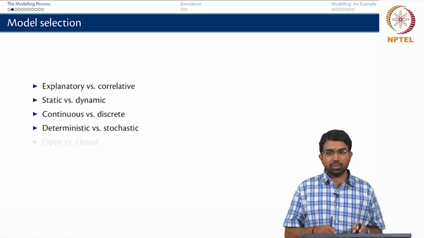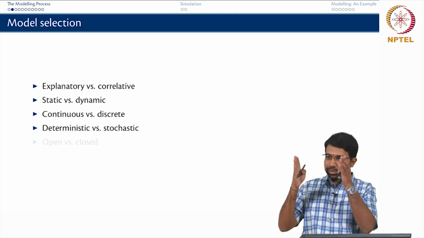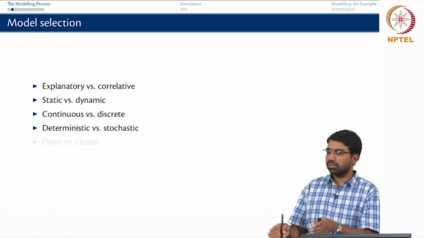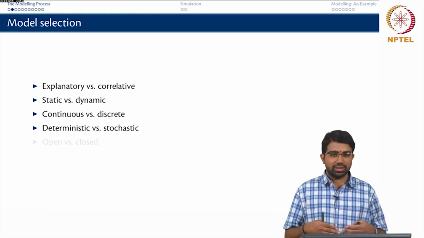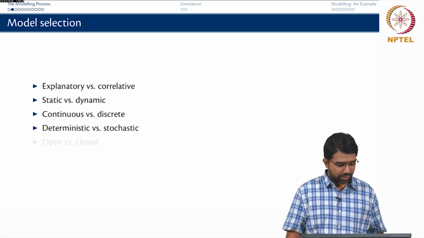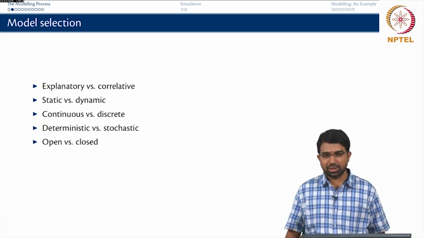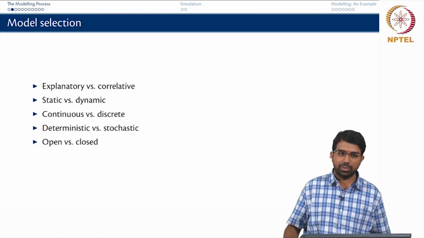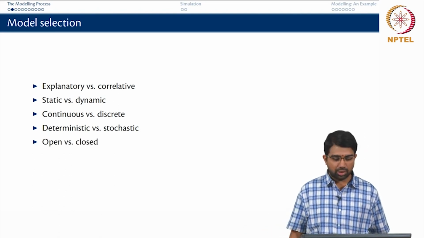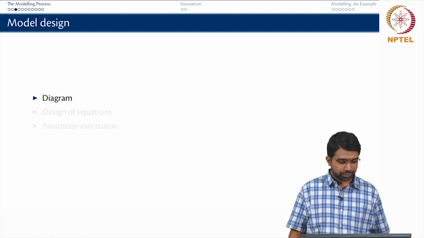For a deterministic model, given a set of initial conditions you will observe the same final conditions, right. For a stochastic model that is not so. So, there is sufficient variation and various things can happen. You can have an open versus a closed system. A system may exchange matter with the environment, may not exchange matter with the environment, or it could exchange energy with the environment and so on, right.